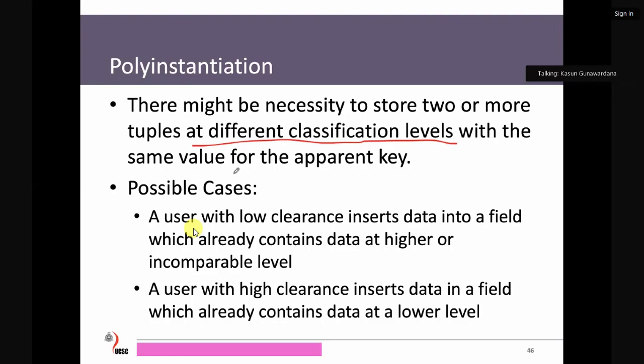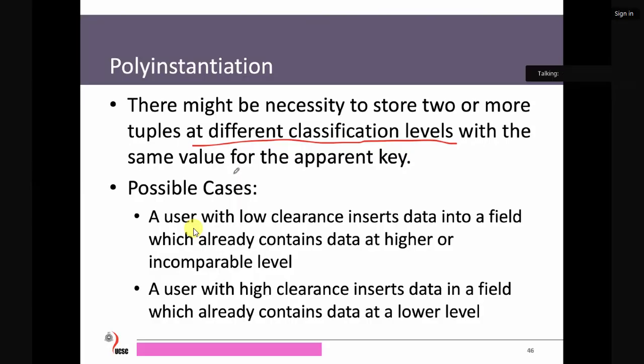Such scenarios are called polyinstantiation. Just imagine the same example that we took earlier, the student relation. Index number is the primary key. When the relation is brought to the multi-level relational model, that index number becomes the apparent key.